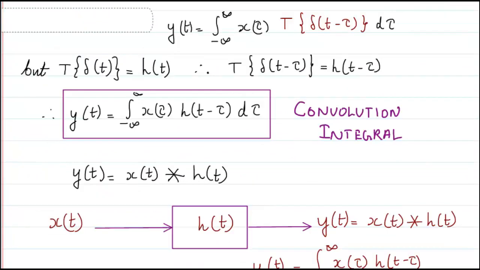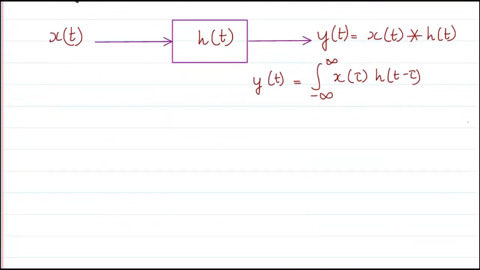Compare with the DT case: y of n is the summation over k from minus infinity to infinity of x of k h of n minus k.